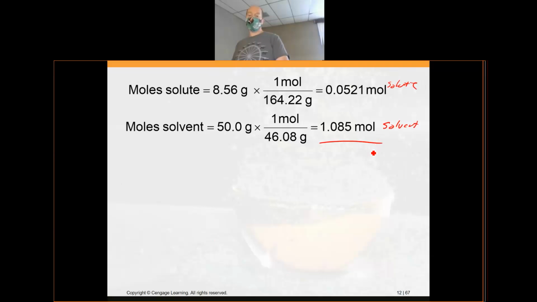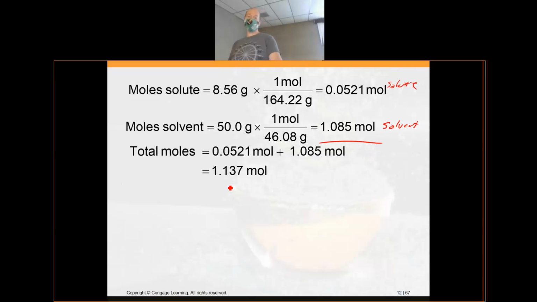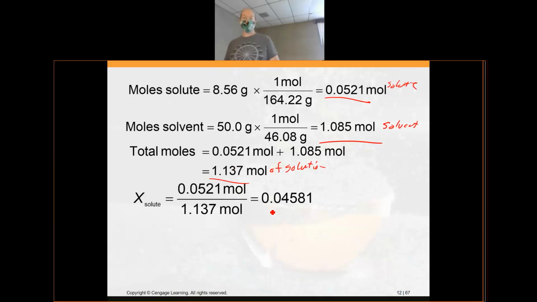You're going to add those up to get the moles of solution. All right, so once you have your moles of solution, you need your mole fraction of your solute. Here's the moles of solute. Here's the mole solution. You divide those numbers. And so now you have your equation, your vapor pressure lowering.